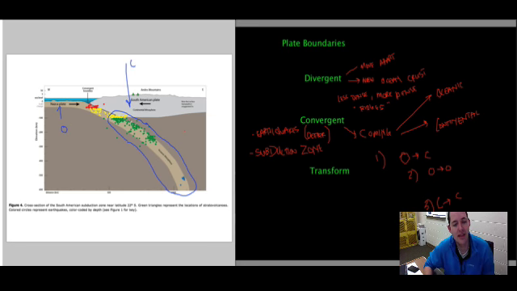Okay, and this old oceanic crust is dense. So again, like we talked about, as oceanic crust moves away from our divergent boundaries, it gets more dense, and that's why it sinks under our continental, which is less dense.